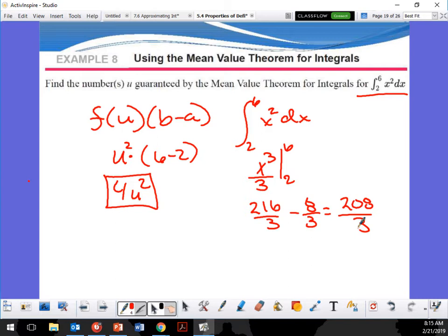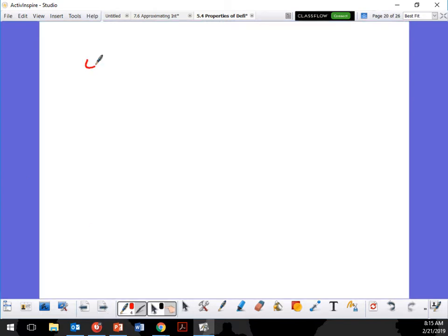So now I'm going to set this equal because I want to find the u value where it's equal to that part. So 4u squared is equal to 208 over 3 divided by 4. So I get u squared is going to be 52 over 3.